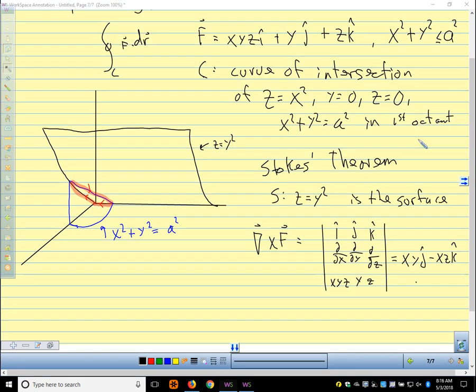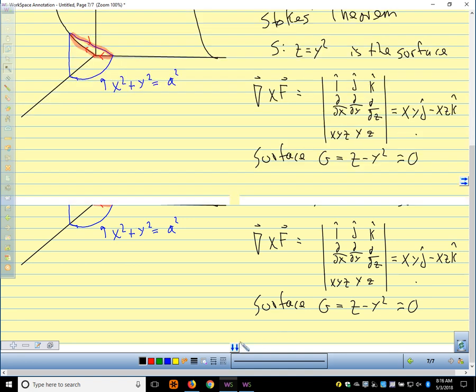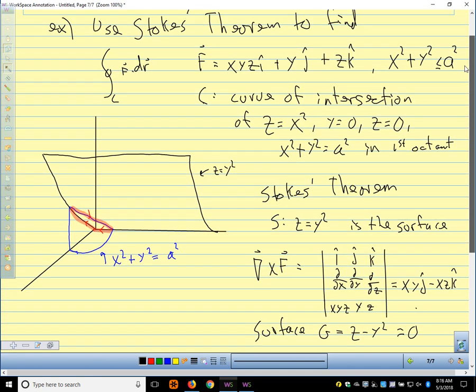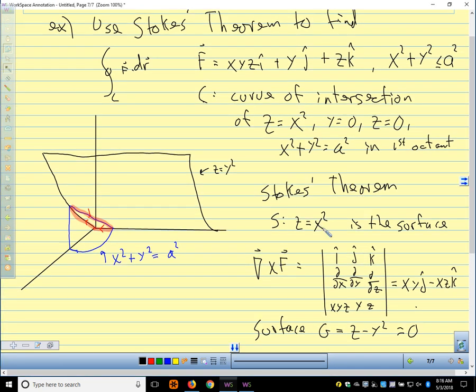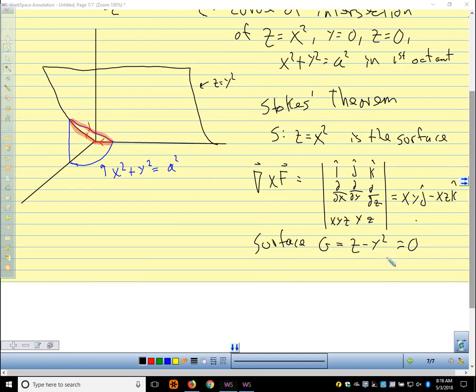All right, so our surface. Do we have z equals f of x, y, z? Or is it g equals f of x, y, z? g equals z minus y squared, and that equals 0. So now we have, is it x squared? Did I miswrite it? Yes. Now we have g equals f of x, y, z.